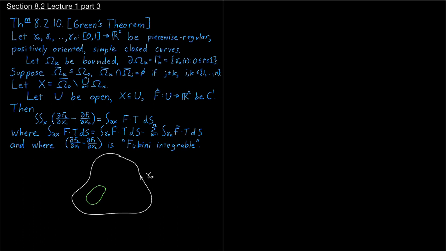Here are little holes, gamma 1, gamma 2, gamma 3. Then we're integrating over this region inside, but not the gaps.